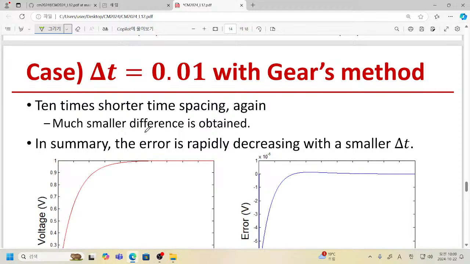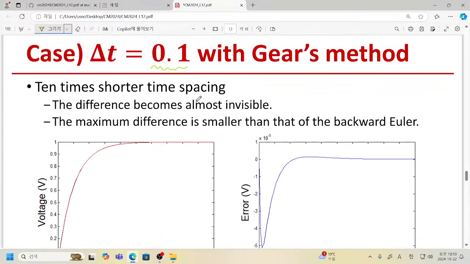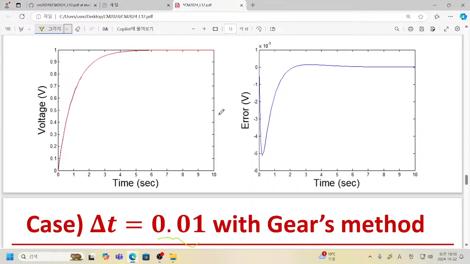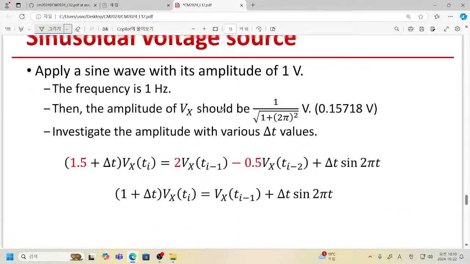Simply when we use a much finer value, 0.01, then of course we will have quite a small difference. Already we have a good result with 0.1, so no further visible improvement.